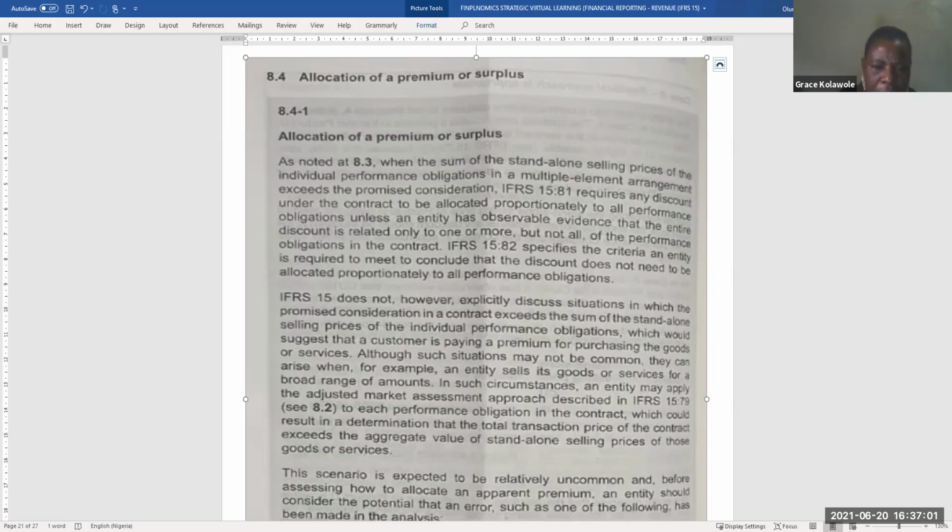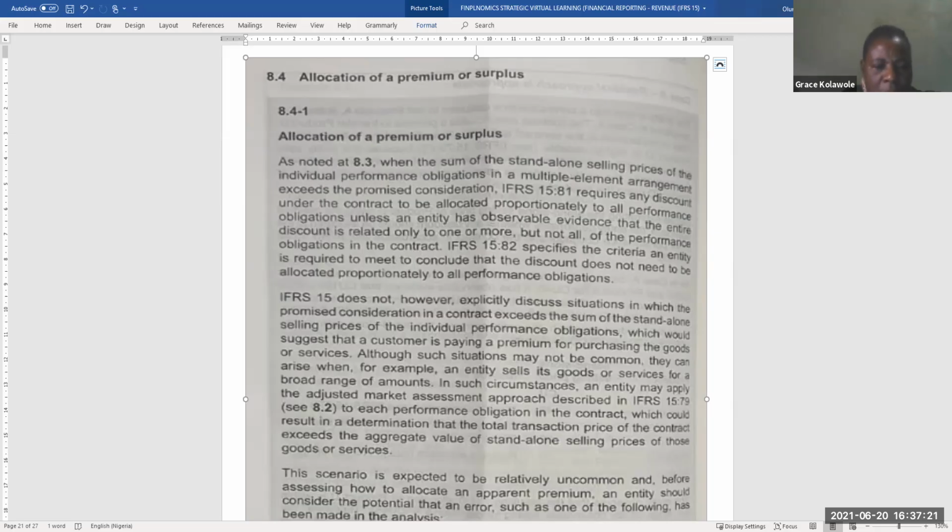IFRS 15, paragraph 82 specifies the criteria an entity is required to meet to conclude that the discount does not need to be allocated proportionately to all performance obligations.